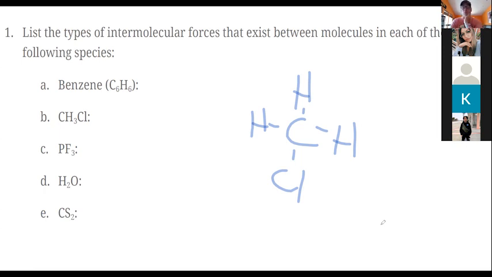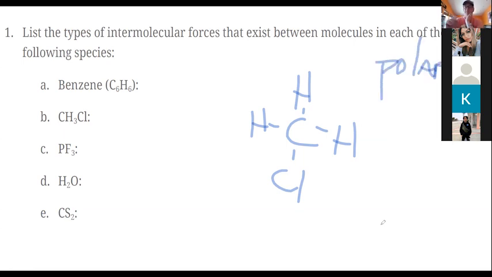First we have to look at whether there are any dipoles in this molecule. Yes, there is, right? Is this a polar molecule or a non-polar molecule? Polar. It is polar, that's right.